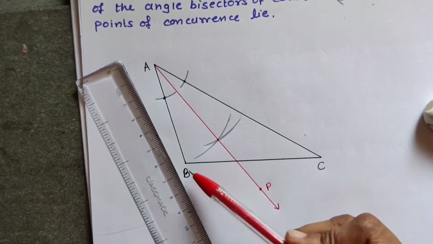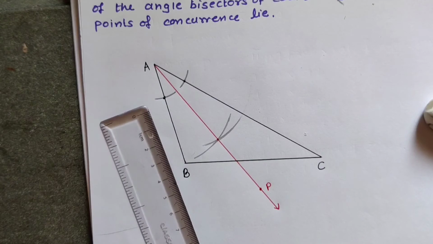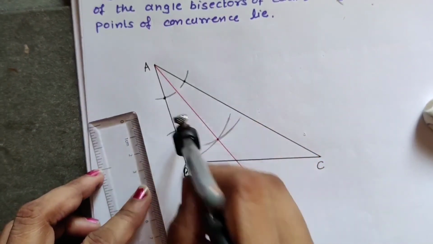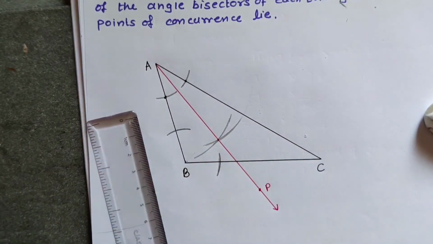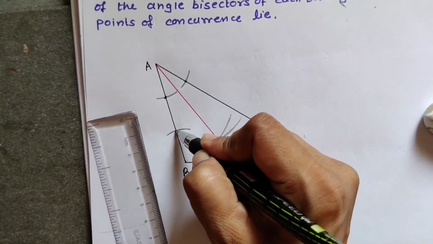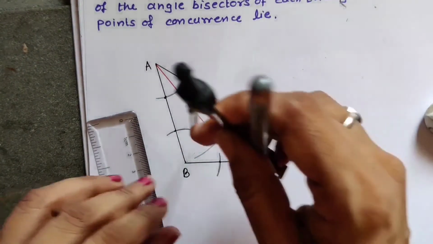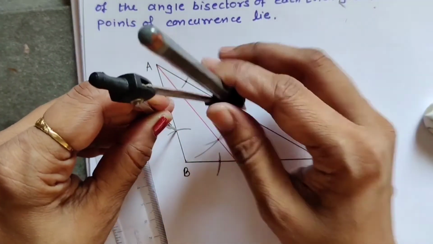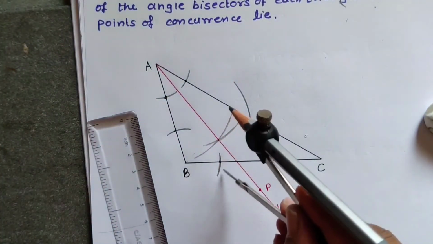Now we have to draw the bisector of angle B. So I will be drawing the bisector of angle B by using the compass again. From point B, I am going to draw one arc on side AB and the other arc on side BC. I will make the points a little dark so that I can draw other two arcs from these 2 points. I am going to increase the distance a little bit, and I will be drawing the other arcs from these 2 points.